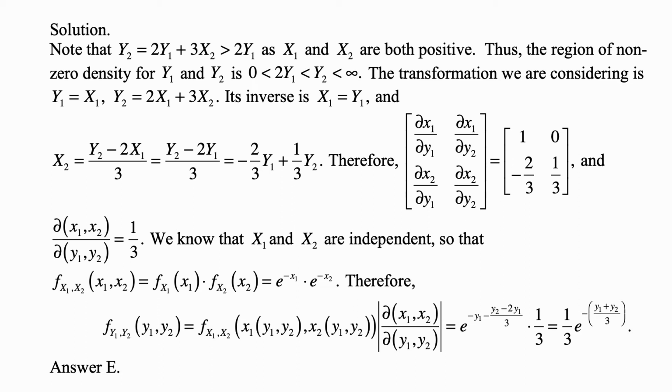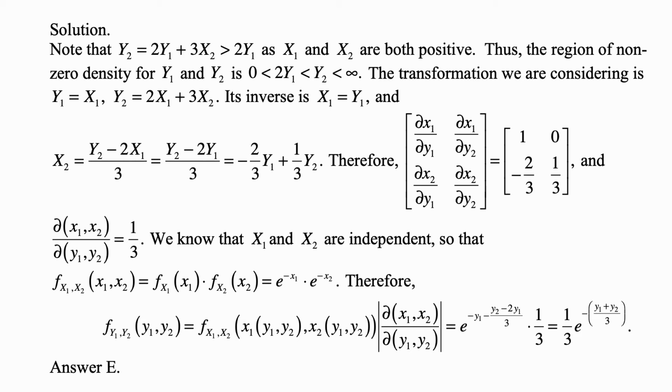Well, the inverse is x1 equals y1 and x2 equals y2 minus 2x1 over 3, which is the same as y2 minus 2y1 over 3. And we can write this as minus 2/3 y1 plus 1/3 y2.